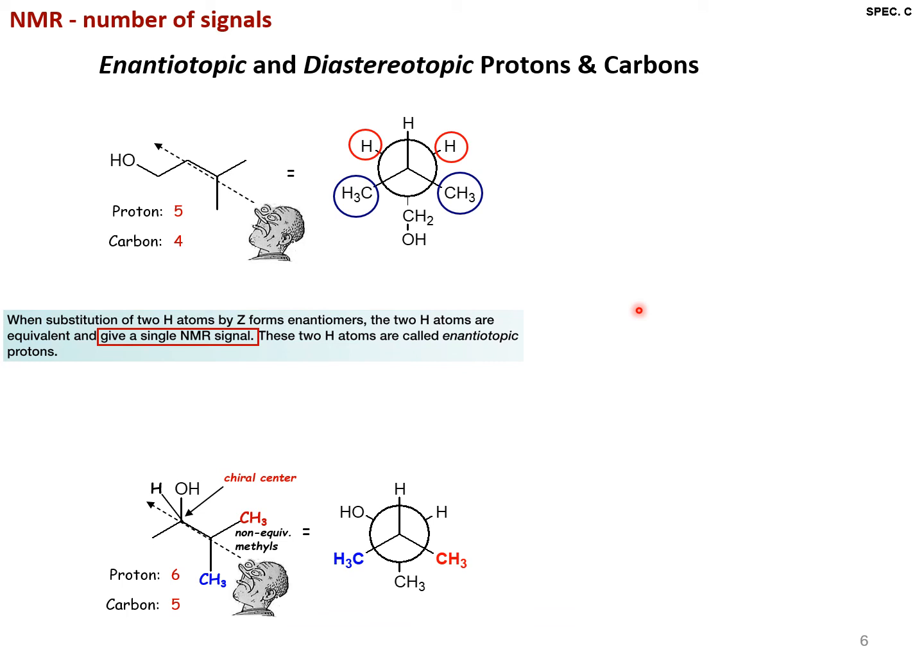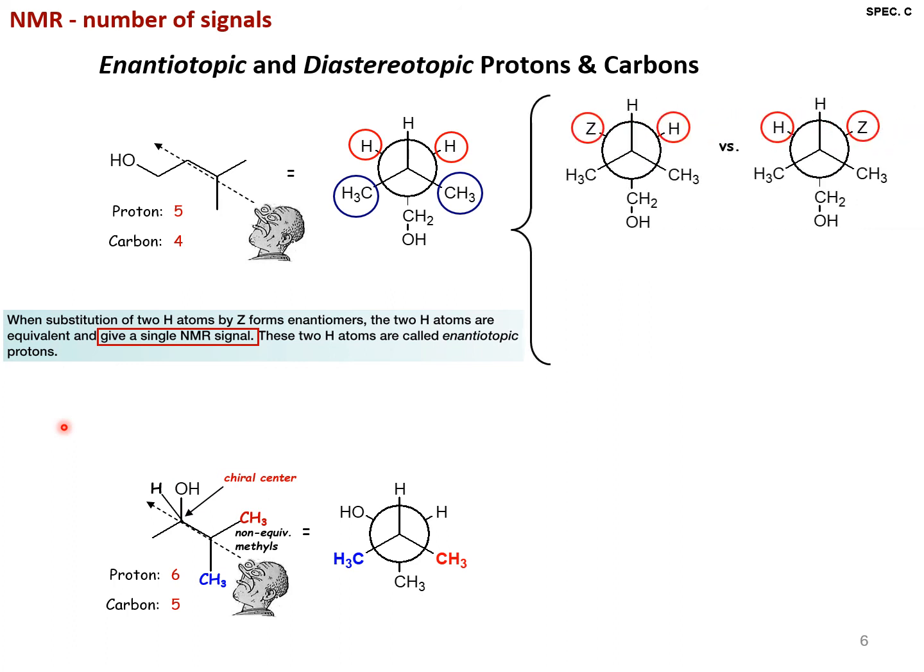So why is it that the methyls on this molecule are equivalent, but the methyls on this molecule are non-equivalent? If we play the substitution game and we substitute the hydrogens circled in red one at a time with a group Z, you can see that we end up with enantiomers.